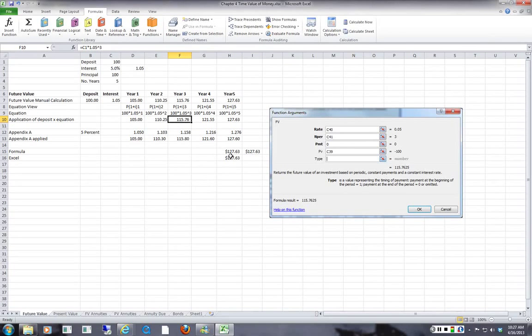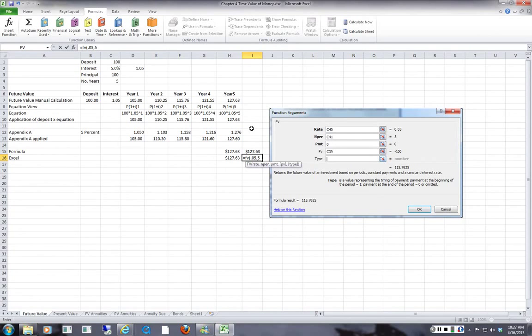Now, another way we can do it is in Excel, and we want to learn how to do it in Excel. So I'm going to enter it in the bar there, and I'm going to put FV for future value, and put brackets, and as you can see there, it shows the rate. I'm going to put .05, comma, and then the next one is NPER, the number of periods.